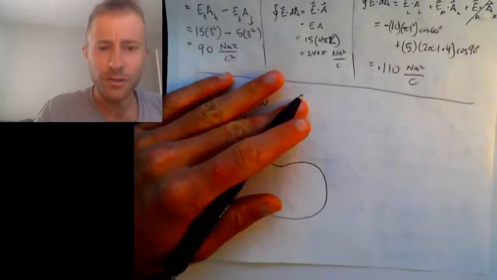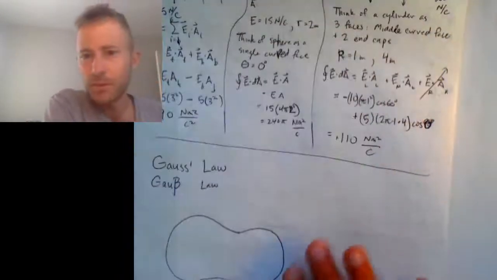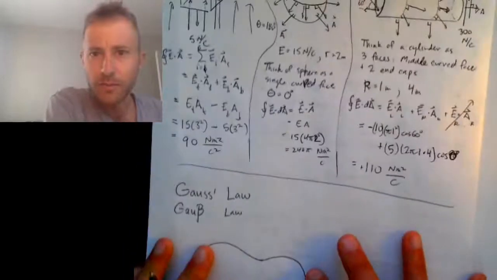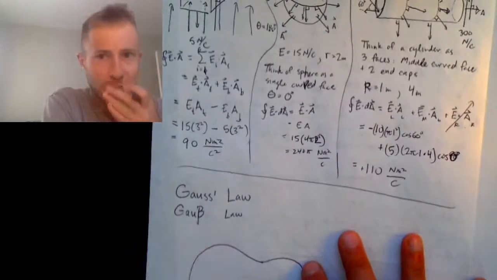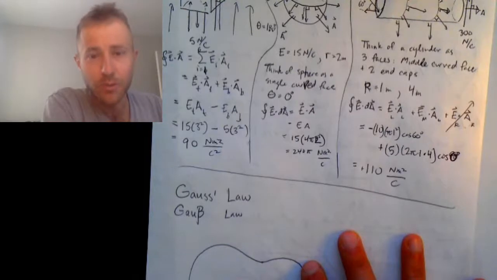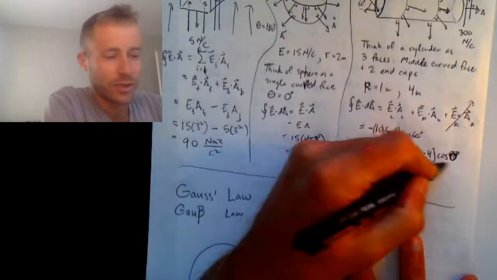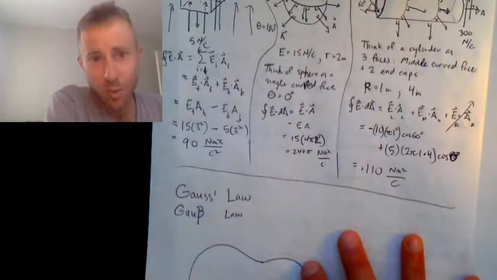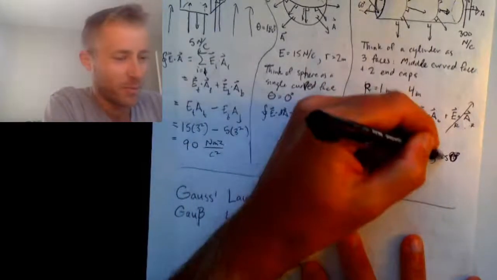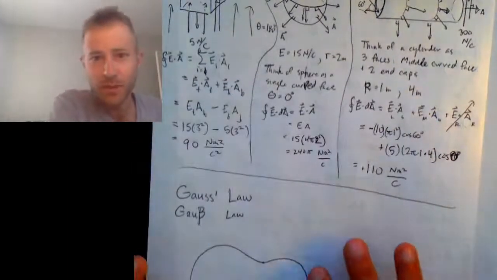Yeah, you're exactly right. This should have been 0 degrees. My bad. Really good catch. Thank you. Because remember, the area vector points normal. So this is cosine of 0 degrees, which is 1. So I multiplied this term by 1. Thank you very much for catching that.